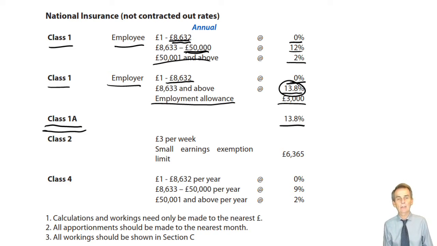Although it doesn't say it here, as we'll see in the notes, these 1A contributions are paid by the employer, only by the employer, not by the employee. Okay, Class 2 and Class 4 deal with the self-employed, but let's go back and look at employment income to begin with.